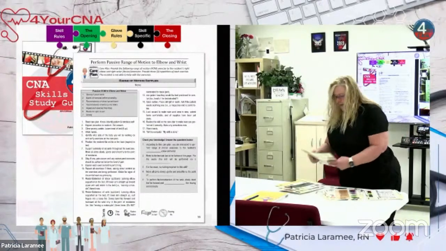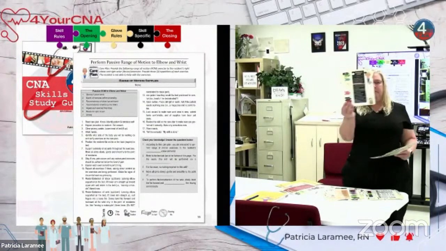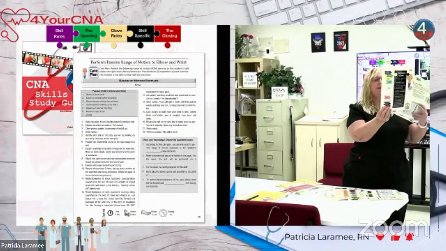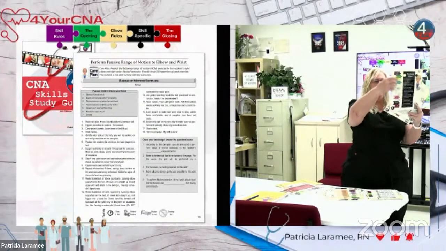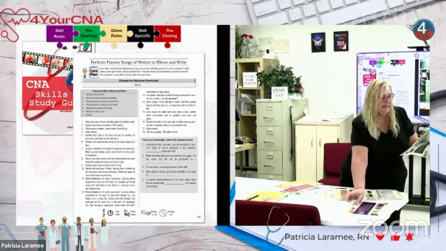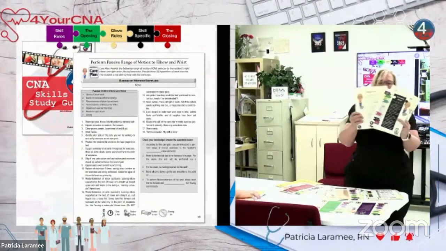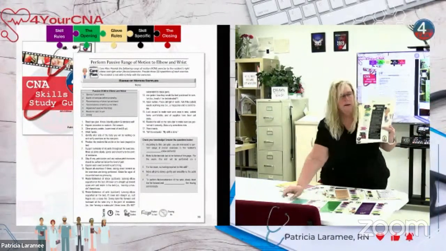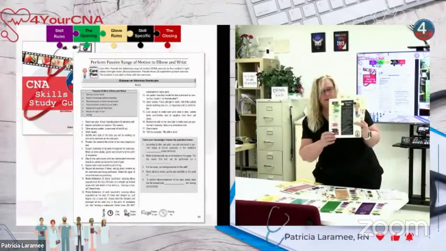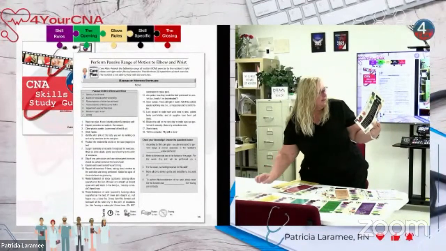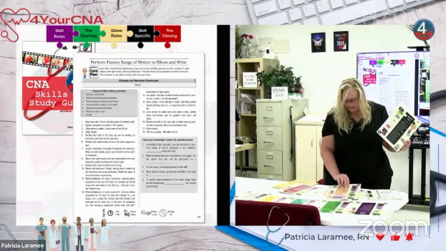So if you take this and you lay out each one of these, there's my skill rules. There's my opening. There's my barrier. There's my glove rules. There's my linen rules. I need basin cleaning.